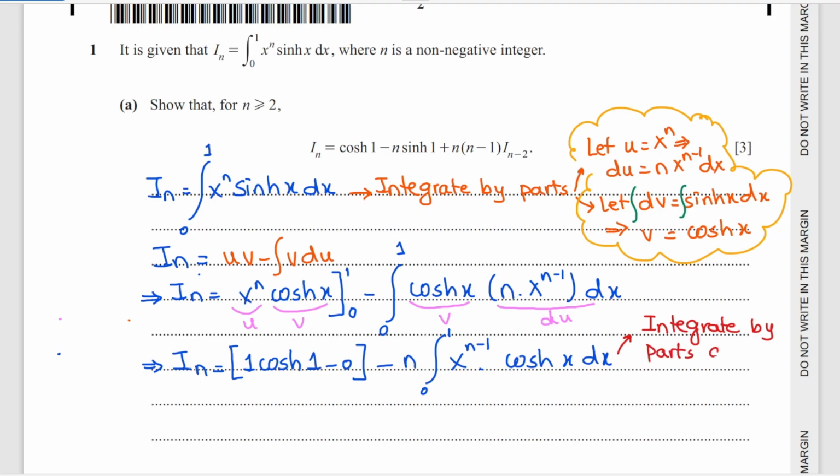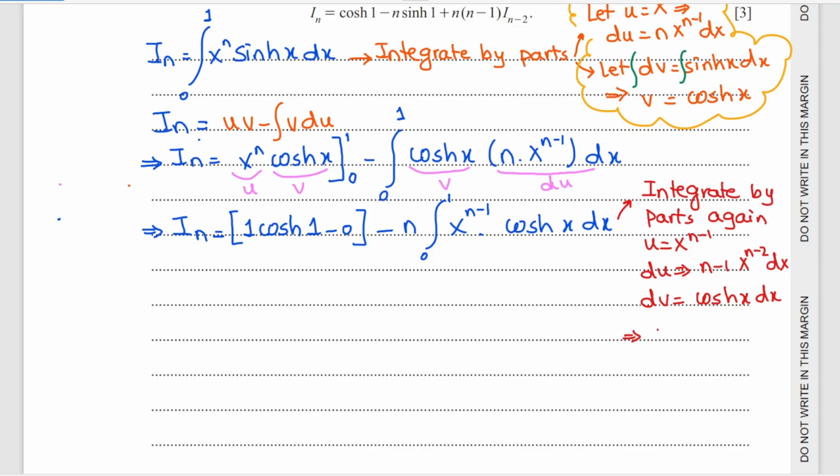I'm going to choose u to be x^(n-1). Differentiating u again is going to reduce the power to n minus 2, so I'm expecting to get I_(n-2) in my answer. Then this is dv. To get v, I need to integrate cosh x, which gives me sinh x.